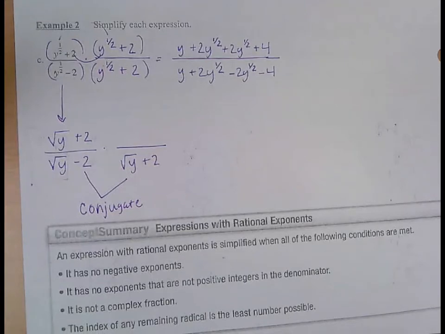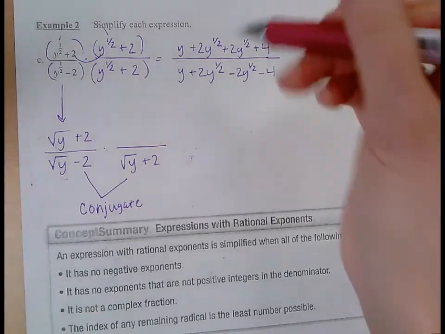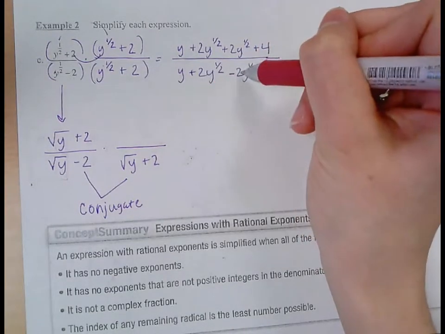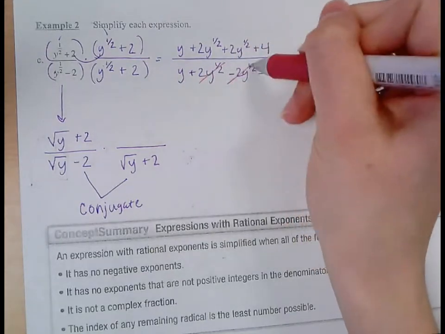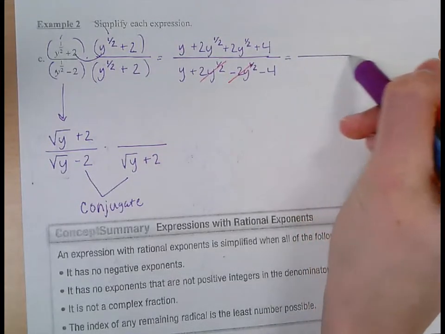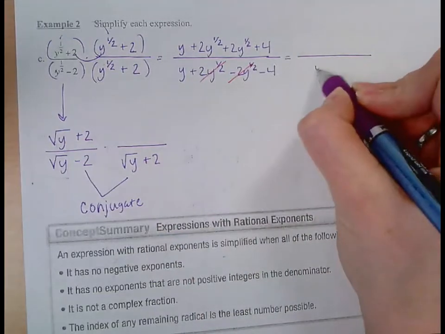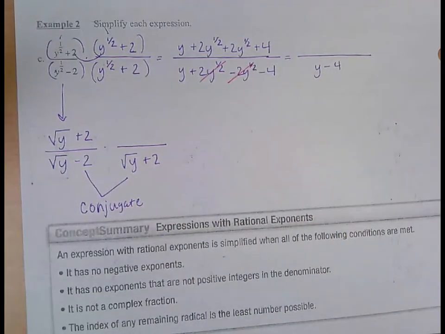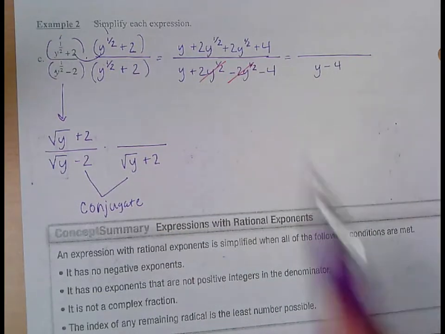So on the bottom, and this should always happen with conjugates, notice the positive and negative 2y to the 1/2 cancel each other out. Your rational exponents in the denominator are gone. And that should always happen, as long as you're multiplying by the right thing. So my denominator is now just y minus 4. I no longer have rational exponents.